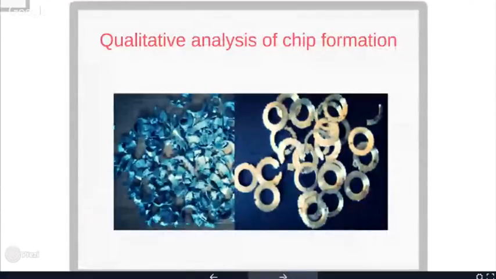So when I investigated the chip formation, two types of chips were observed during the drilling process. One is a regular curved shape, V-shaped chip, okay, and the second type of chips are formed with the help of the secondary cutting edge, in a ring type of chip formation, right?